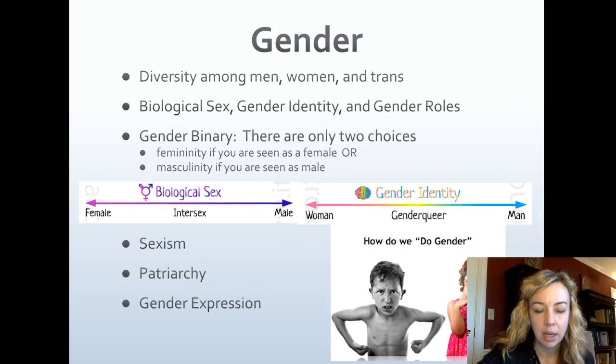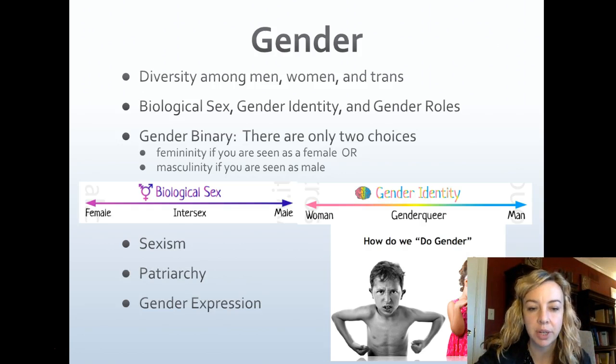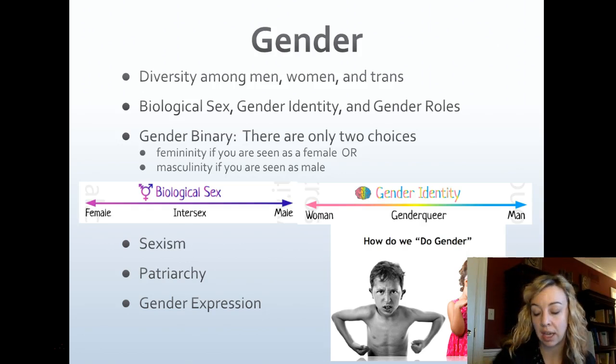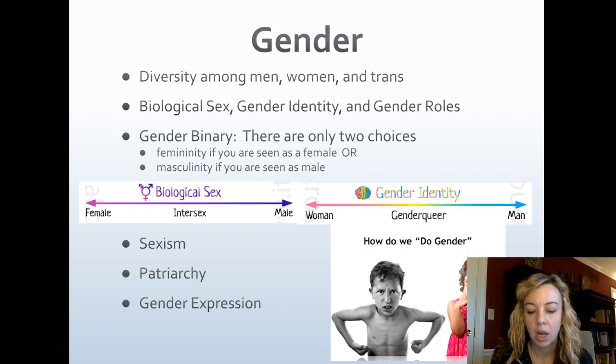And then gender expression, in case you're not familiar with it, is the way that a person expresses their gender. So the way a person talks or acts, the kind of behaviors that they engage in. It can also have to do with things like social activities, hobbies, what people do for work. It could even be a person's sense of humor.